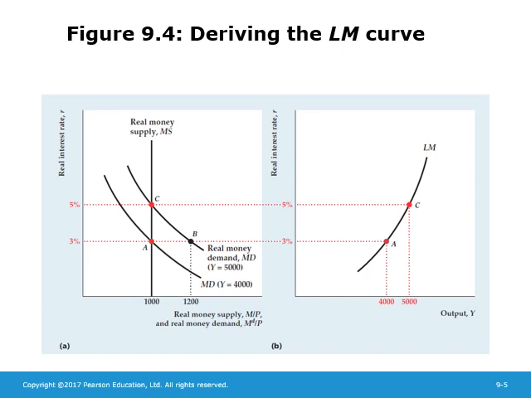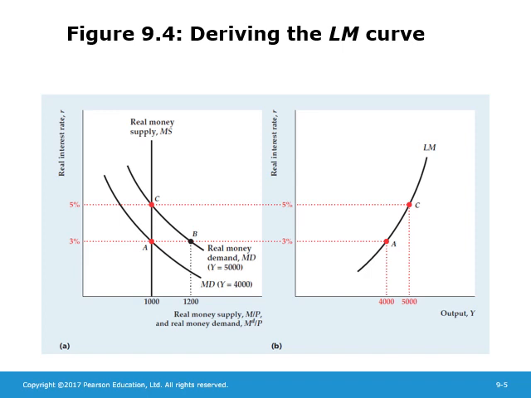So to derive the LM curve, we are actually plotting the real money supply and the real money demand against the real interest rate. This is panel A. Again, the real money supply is constant, here it's 1000, because it's determined by the central bank.